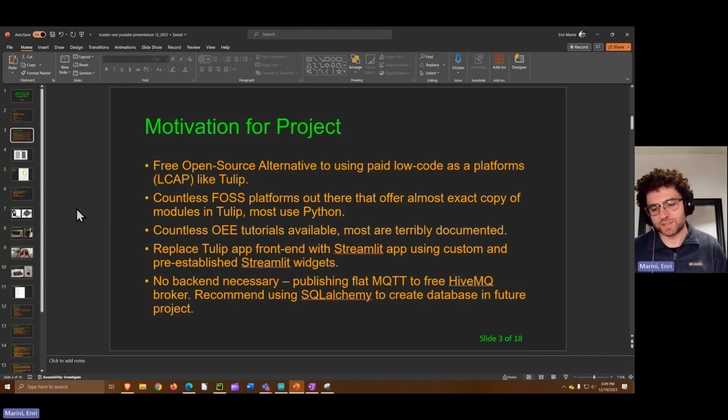Basically, I came across a video demonstrating how you could track machine state using the Tulip platform, which can do a lot.